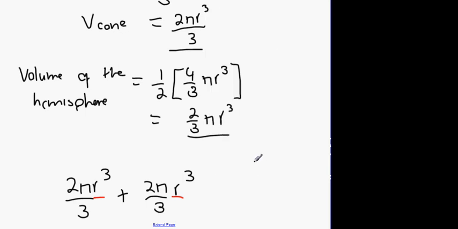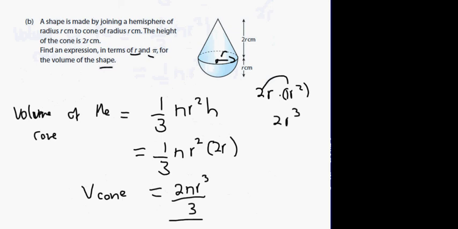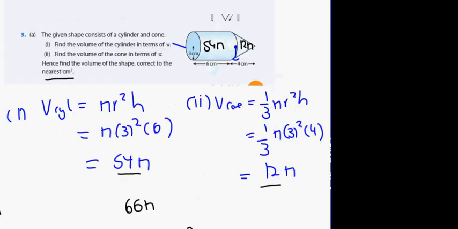In the same way, if you were adding, let's say, 8 pi x and 5 pi x, you'd ignore the x and you get 13 pi x, because 8 pi plus 5 pi is 13 pi. So we're going to do the same thing here, just ignoring the r cubed, and what we're going to get is 4 pi over 3 r cubed. And that's our answer. Okay guys, that's questions 1 to 3 on Test Yourself 17 done.